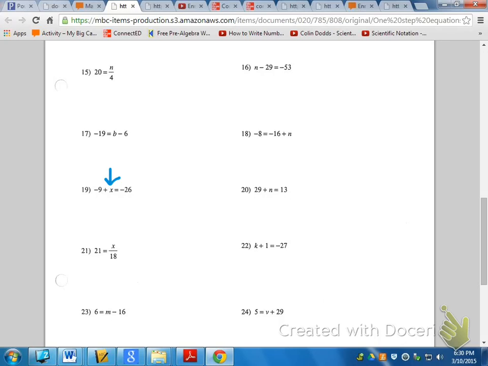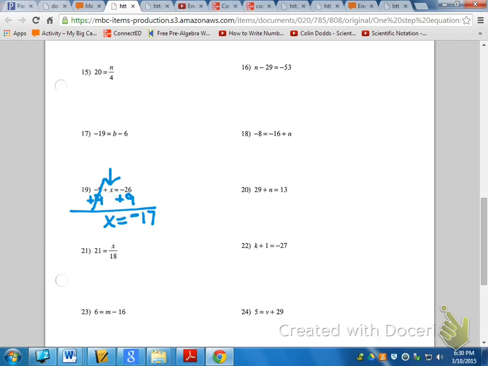That means I have to get rid of negative 9. In order for a negative to disappear, I'm going to have to add 9. So I'm going to add 9 to both sides so that negative 9 and positive 9 wipe each other away. I bring down my x, the equal sign. I've got negative 26 plus 9. So I'm $26 in the hole, and I've only earned 9. I'm still in the hole by 17. So x equals negative 17.